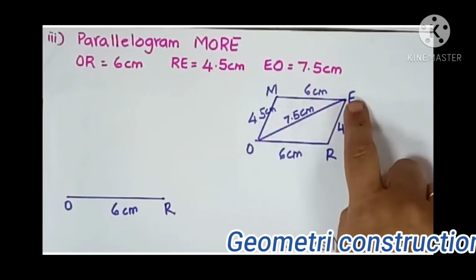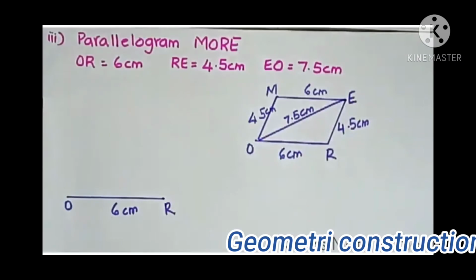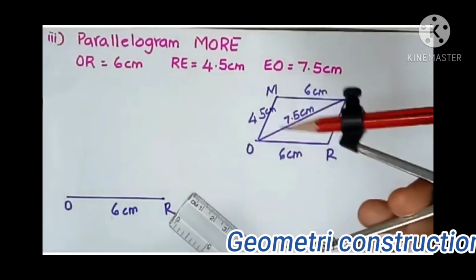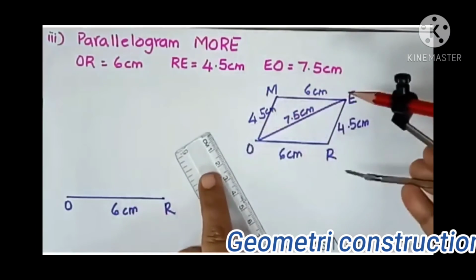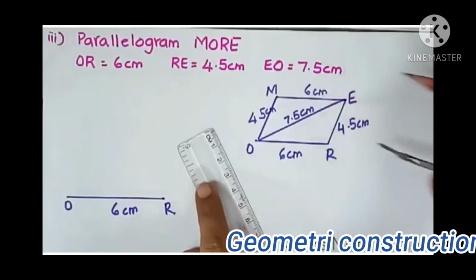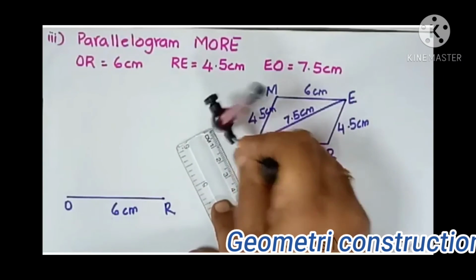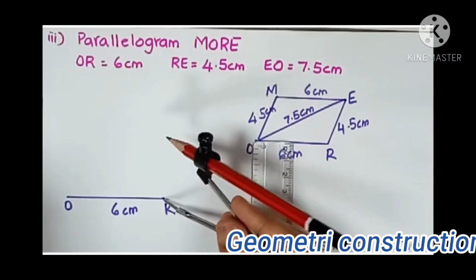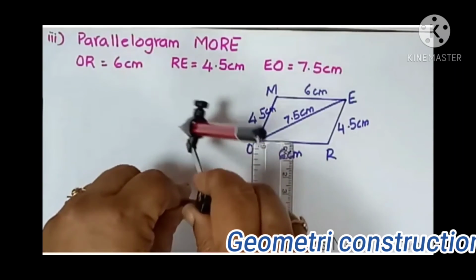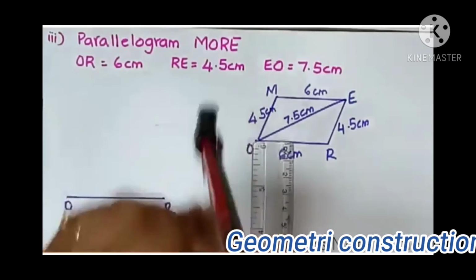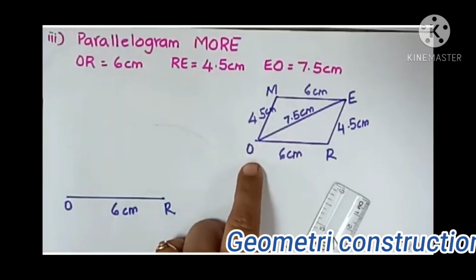And again we know how to construct a half part, that is the triangle first. By using the compass, take the measurement of 4.5 centimeter and draw an arc from O as a center.